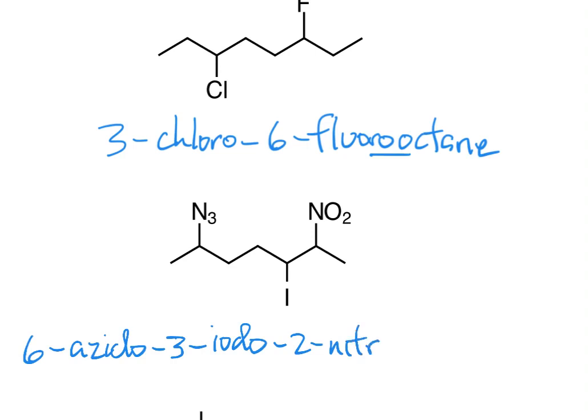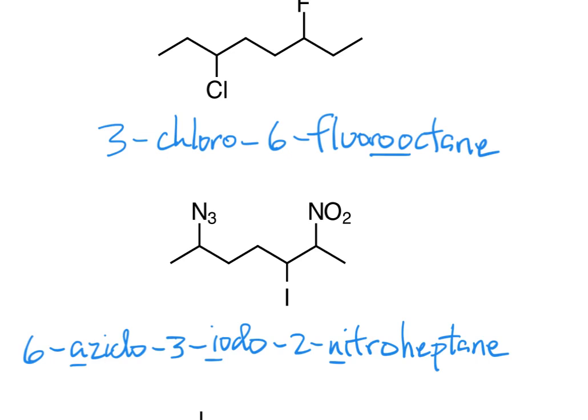So that takes care of all of those functional groups which are identified using their prefixes. And notice A comes before I, comes before N in the alphabetical ordering of the name. And then this chain has 1, 2, 3, 4, 5, 6, 7 carbons in it. So it's going to be called a heptane. All right, so 6 azido, 3 iodo, 2 nitro heptane.